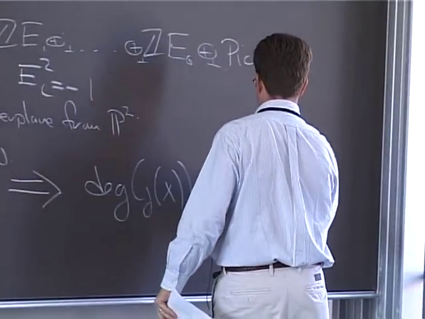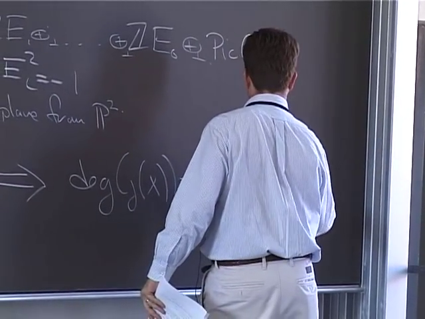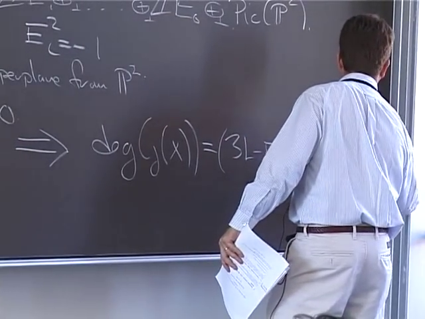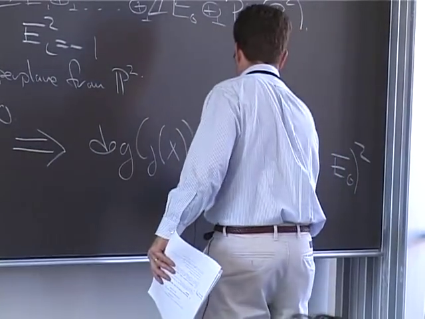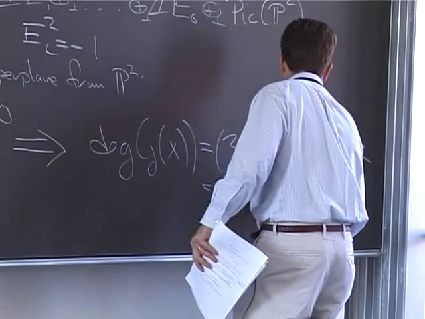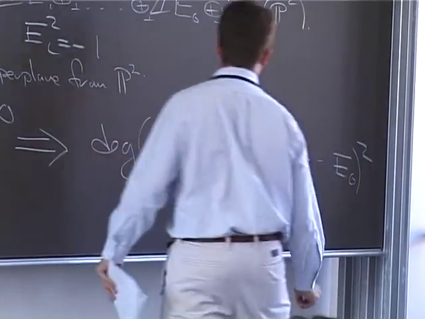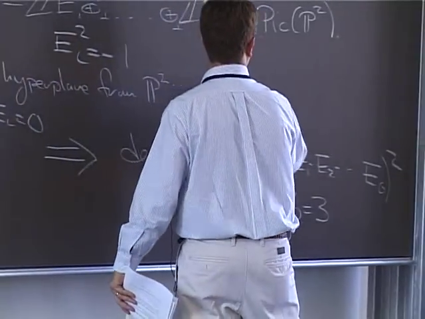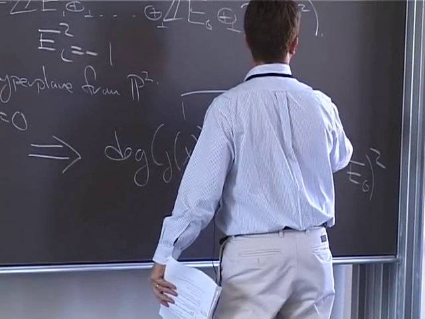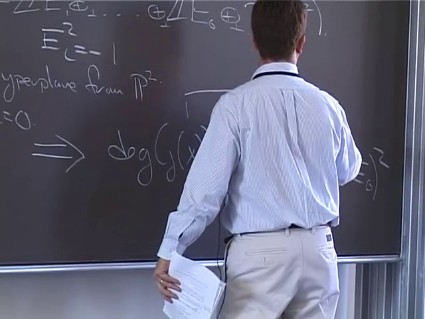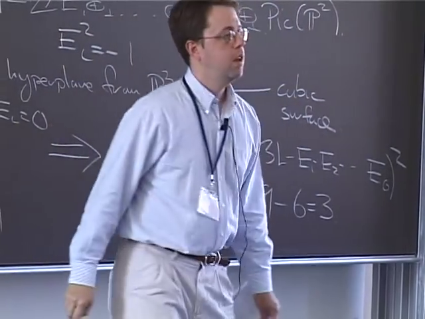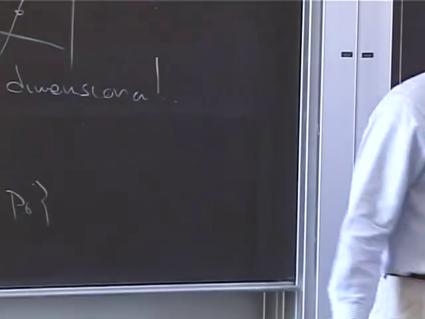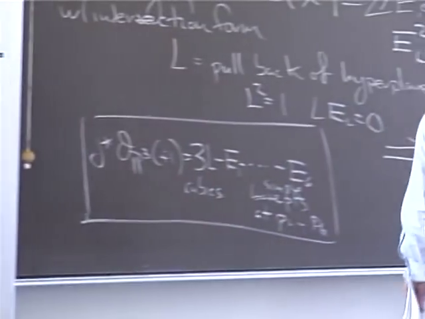So we take this divisor, we get 9 minus 6 equals 3. So in particular, we find that this is a cubic surface. And in fact, under our genericity hypotheses, it's even a smooth cubic surface.